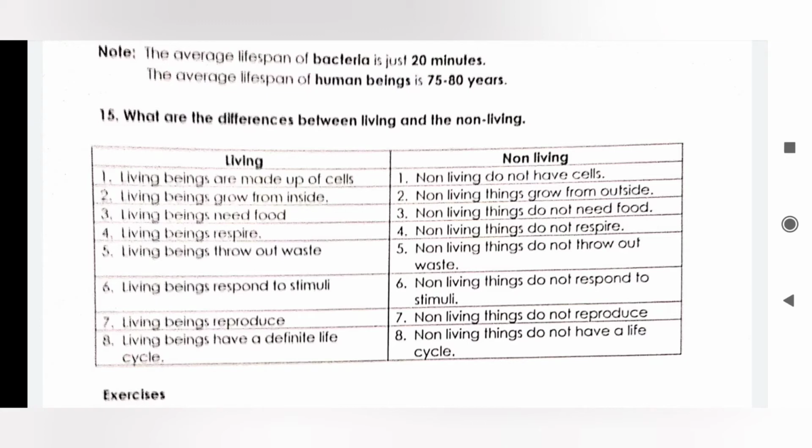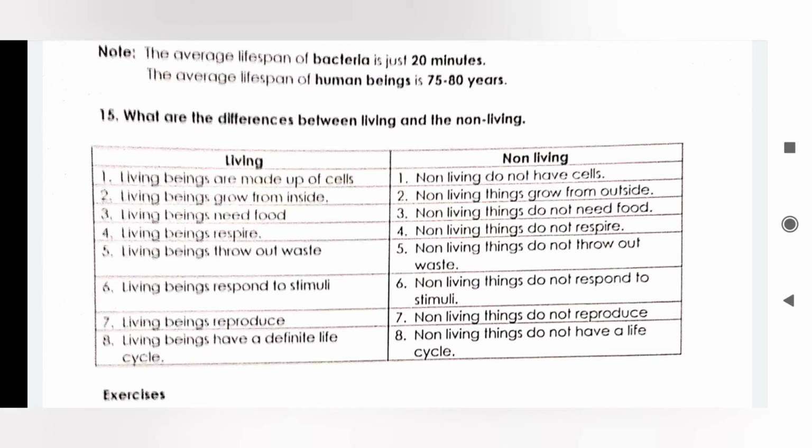That is called respond to stimuli. So living beings, they respond to stimuli. But non-living things do not respond to stimuli. If you take a stick and keep banging on a bench or a stone or something, it's not going to respond at all.